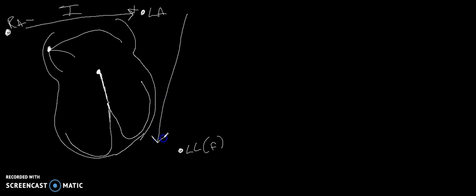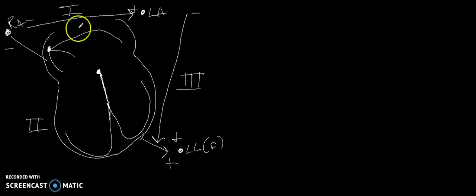It's got a negative end here and a positive end down here, and this is ECG lead 3. Then we've got another one that comes down from the right arm to the left leg, looking across the heart this way. I'm not going to draw it entirely through the heart because my OCD won't let me. It's got a positive end down here and a negative end up here, and this is ECG lead 2. These three leads together are called Einthoven's triangle.